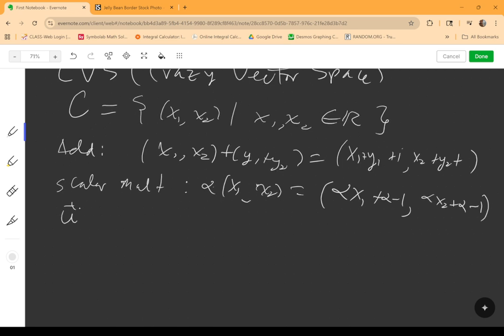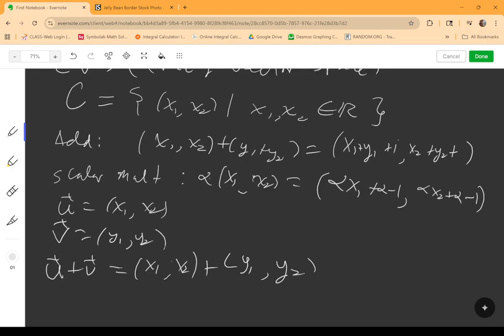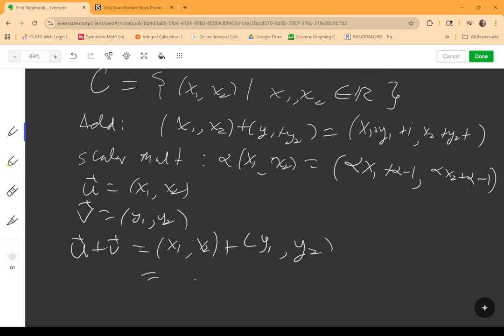So again, let u be (x1, x2), v be (y1, y2). And if we define u plus v, right? So that's (x1, x2) plus (y1, y2). And again, by our definition up here, this is (x1 plus y1 plus 1, x2 plus y2 plus 1). Excuse me, this should be 1 right here.